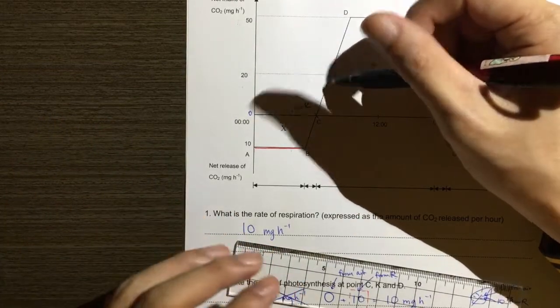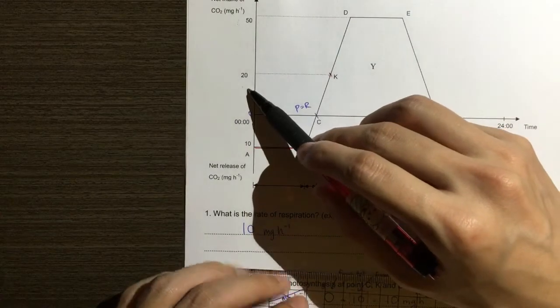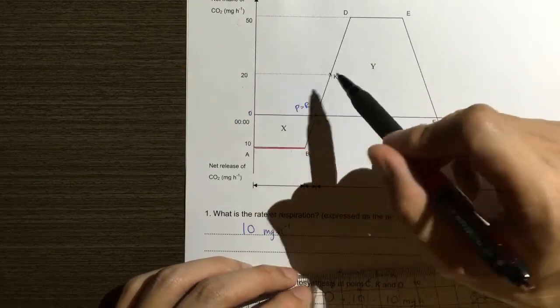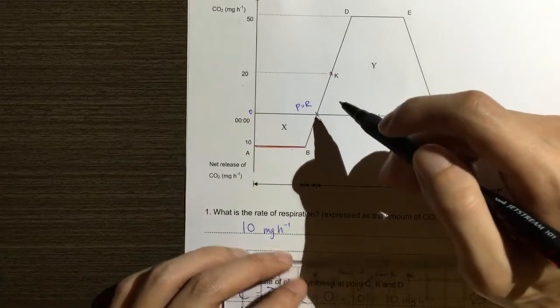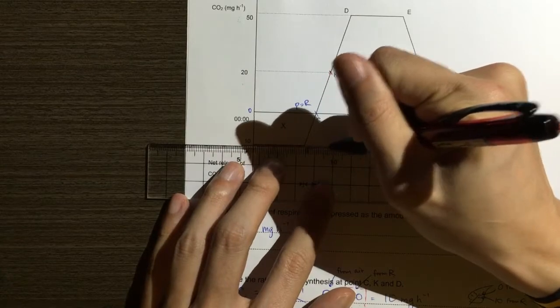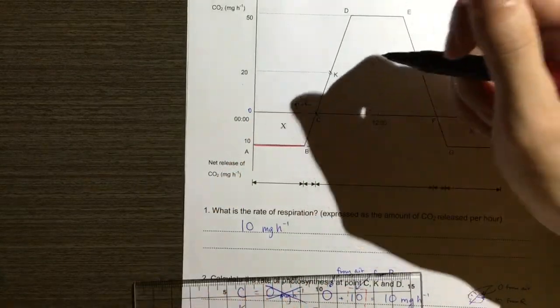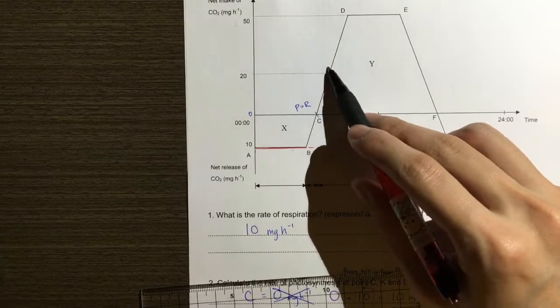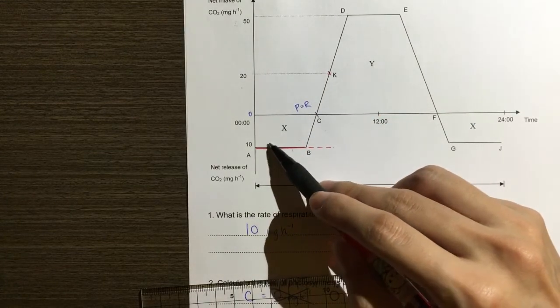No. The point K only tells you that it takes up 20 mg CO2 per hour from the air. It doesn't tell you the respiration rate at all. But we assume that the respiration rate is 10 because we assume that at moment K, the respiration rate is same as before.